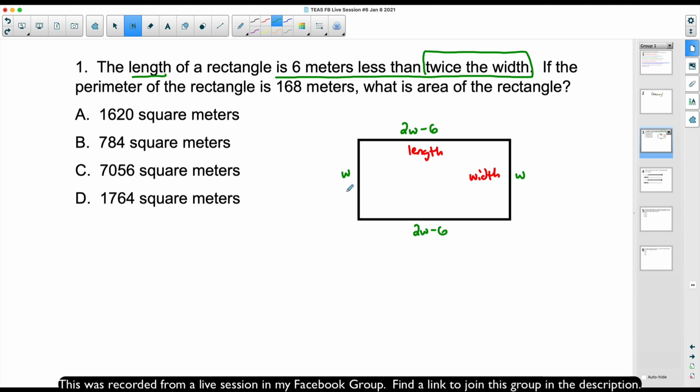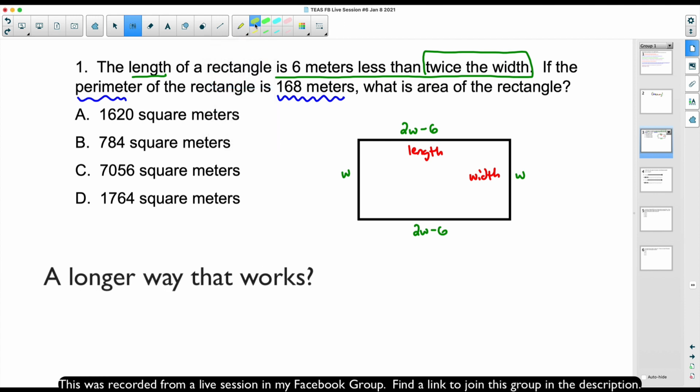Now, the reason I'm writing all this down is because now we can tie in the perimeter. The perimeter of any shape is simply the distance around that shape. And the perimeter of a rectangle, we're just going to add up all 4 sides. And we know that perimeter is 168. So speed, I want to focus on speed here.